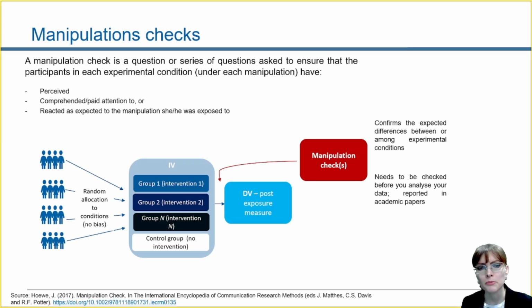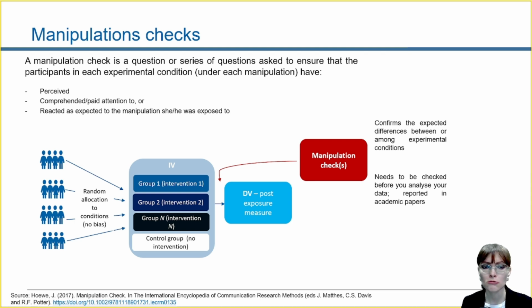The purpose of a manipulation check is very crucial because it aims to confirm the expected differences between those conditions, those manipulations that you allocated your participants to. The answers to the manipulation check need to be checked by researchers before you start your main data analysis, and it is conventional that it is reported in academic papers.